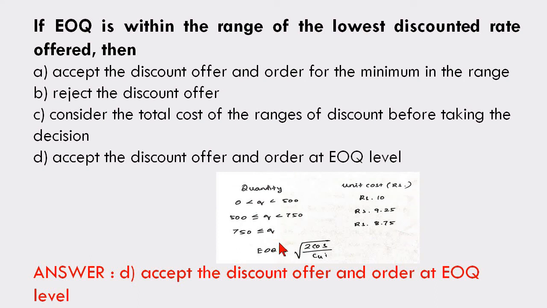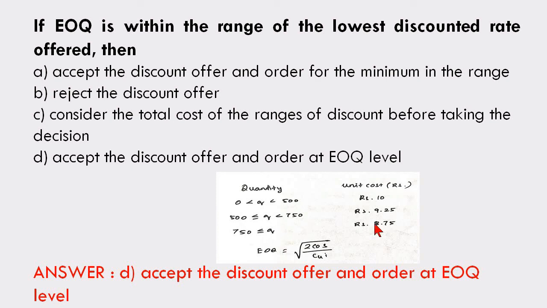I have given just an example. If you consider a price break model like this, as per the question, EOQ is within the range of the lowest discounted rate. Here the lowest discount rate is 8.75, right? If the EOQ comes under this range, by calculating using this formula, if you calculate EOQ, it comes under 760 or 770, whatever it may be.